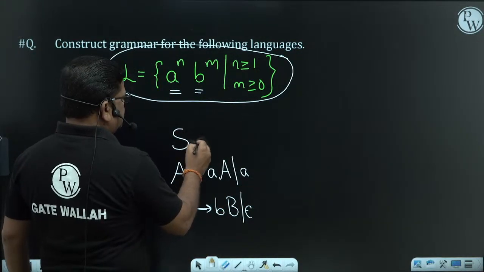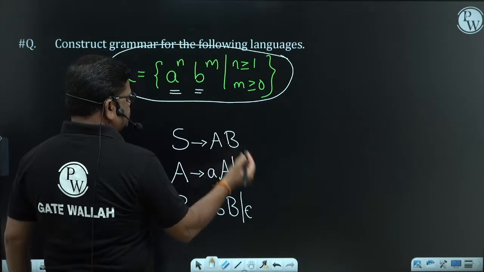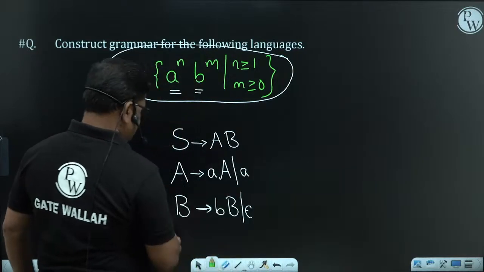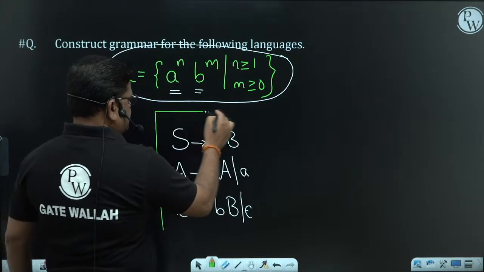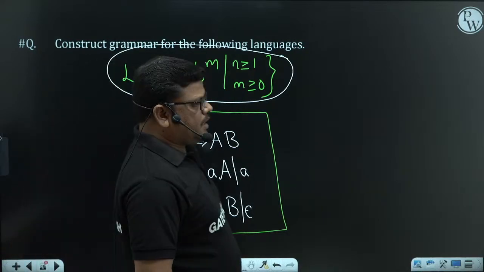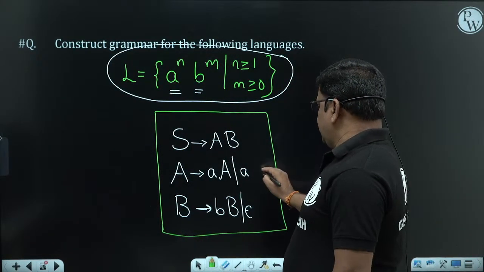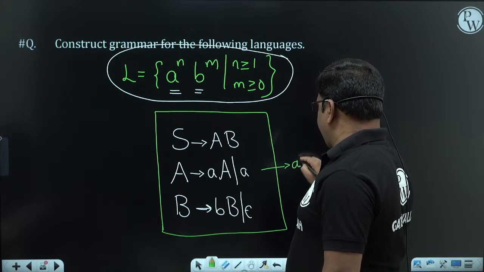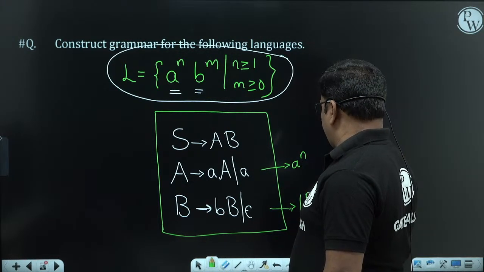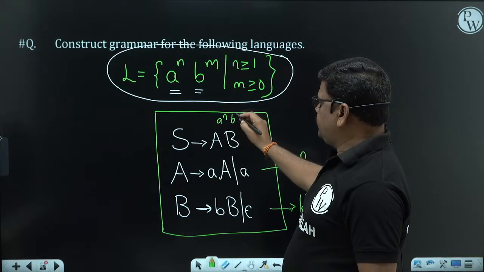At S, A followed by B. This is the grammar equal to this. So this is nothing but our A power n. This is nothing but our B power m. So the language is A power n followed by B power m. That's all.